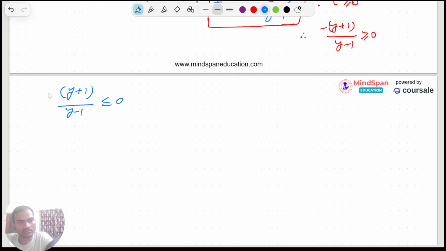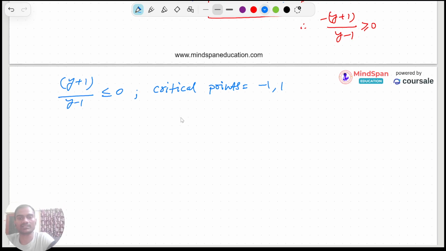Since we removed this minus, the inequality sign got changed. Now for this, critical points are minus 1 and 1. Critical points are the points where this function might become 0.